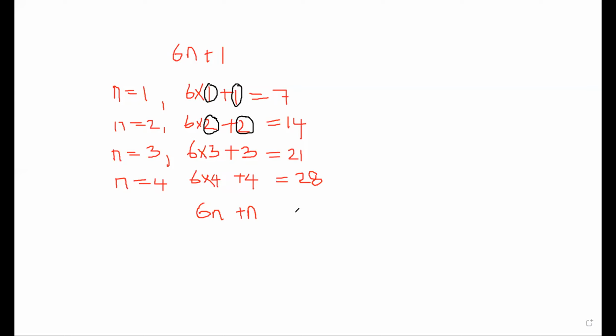Like there are commas, I think you just said 6n plus 1 for the first number, then for the second number, 6n plus 2, because you're getting the second number.